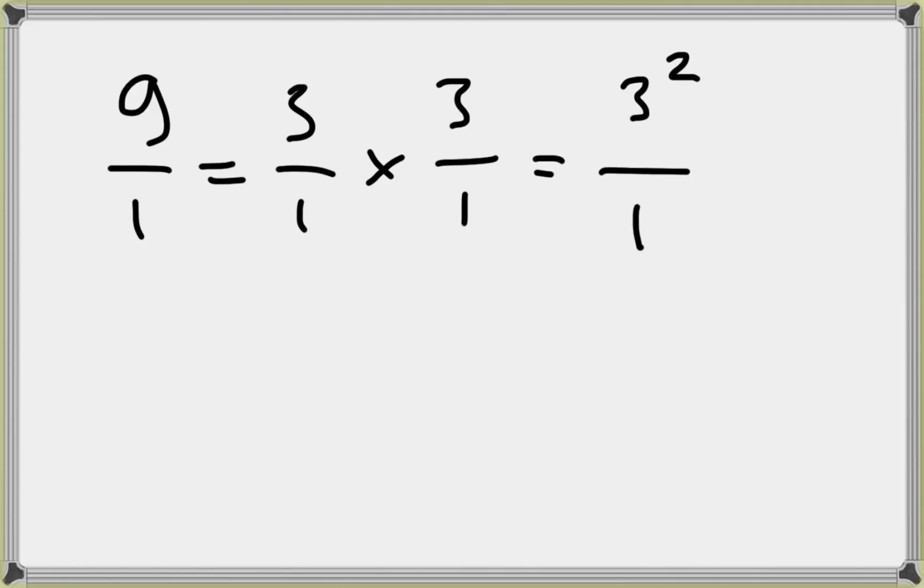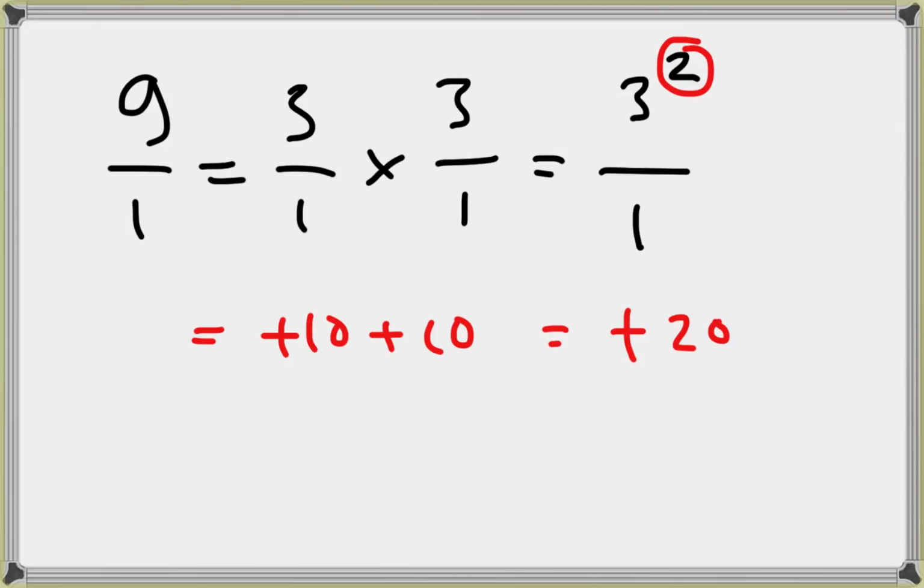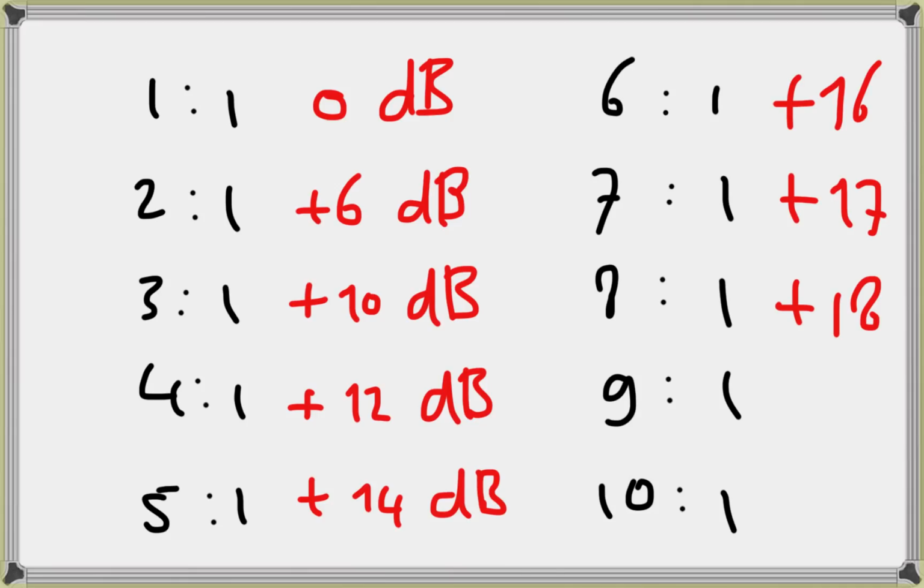I have memorized my 5-finger rule, and I know that a 3/1 ratio is a 10 dB increase, which I've done twice, and that would suggest a 20 dB increase, or if you want to write it all out, plus 10 equals plus 20. In other words, my 9/1 equals plus 20 decibels.